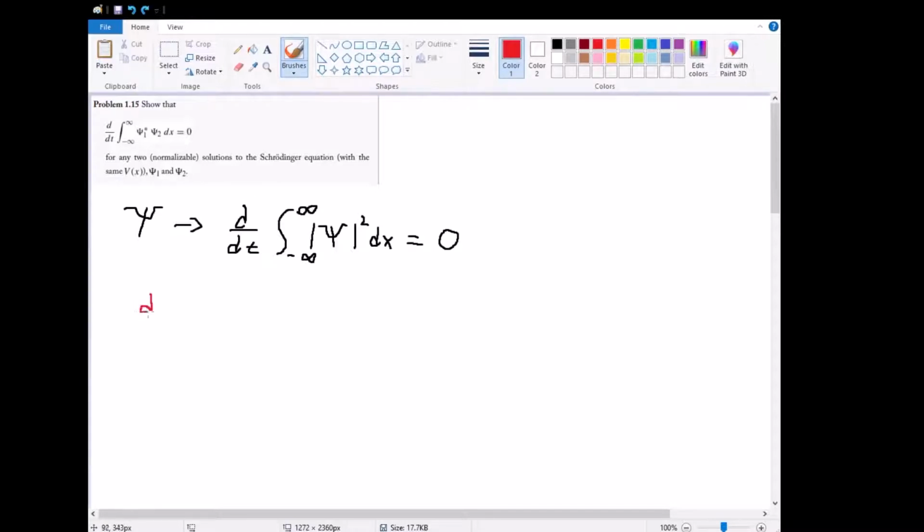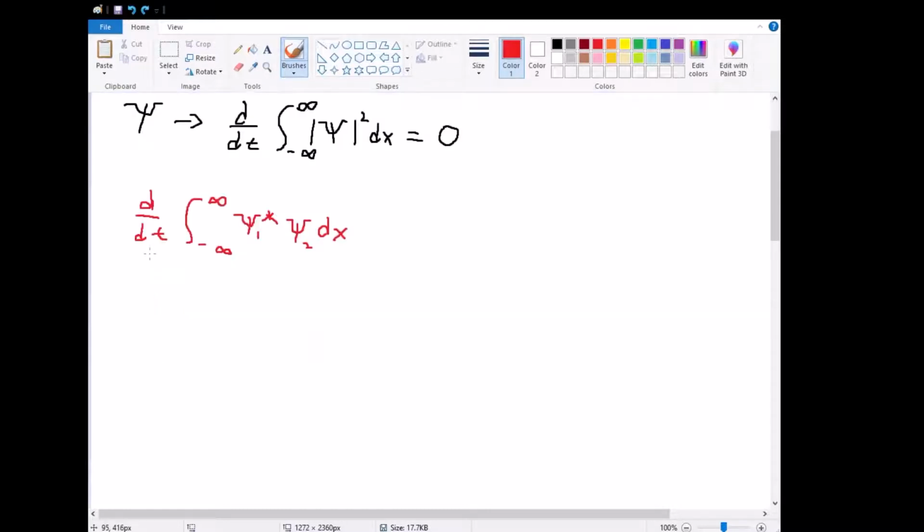Let's take the derivative over time of the integral from negative infinity to positive infinity of psi 1 star times psi 2 dx.